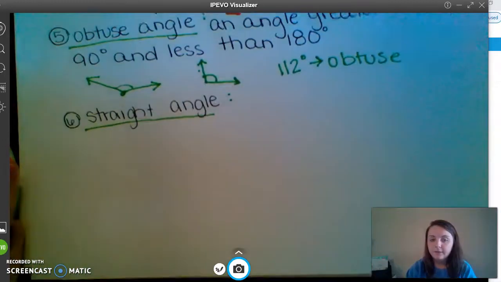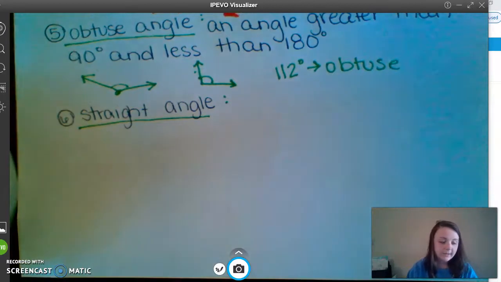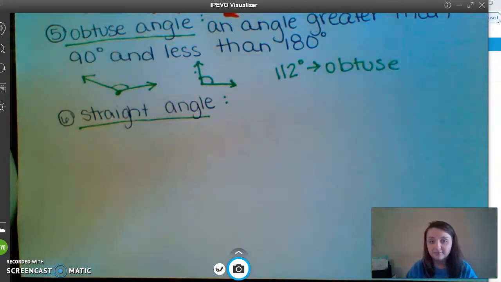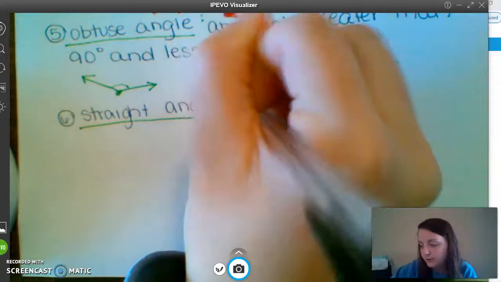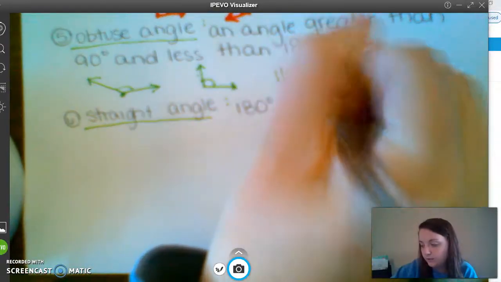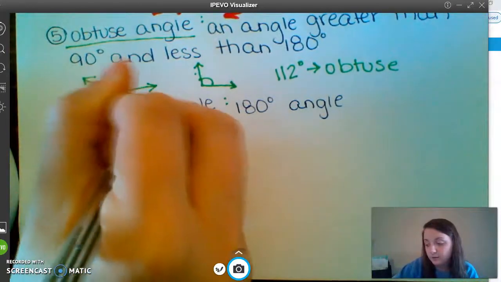And our last vocabulary term is straight angle. A straight angle is exactly what it sounds like. It's a straight line, and a straight line is exactly 180 degrees. So a 180 degree angle is just a straight line. I'm going to put that in quotation marks.